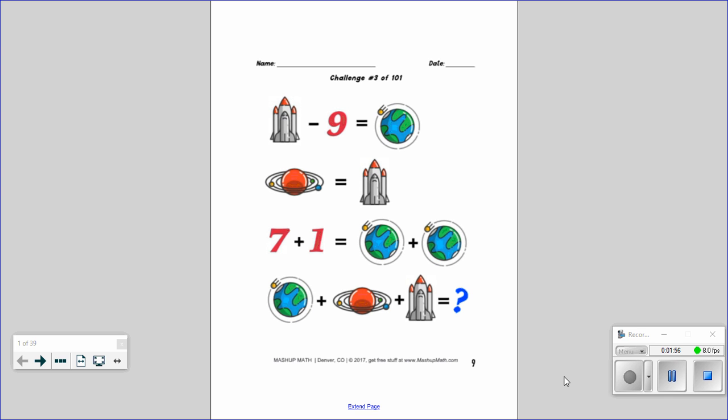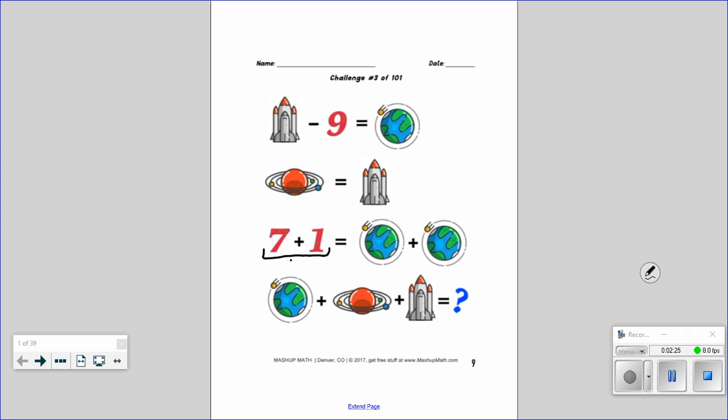Remember we talked about how the equal sign is like a balance? Go ahead and draw a little mini box underneath 7 plus 1. That's one side of our balance. What is that side equal to? What is the value of that side of our balance? Lincoln? 8.